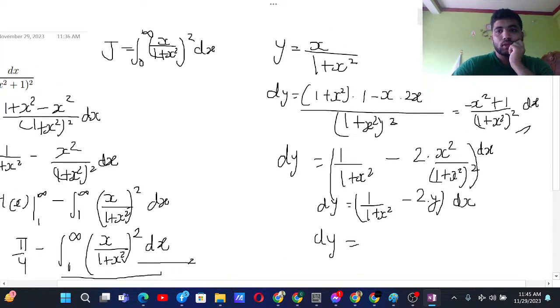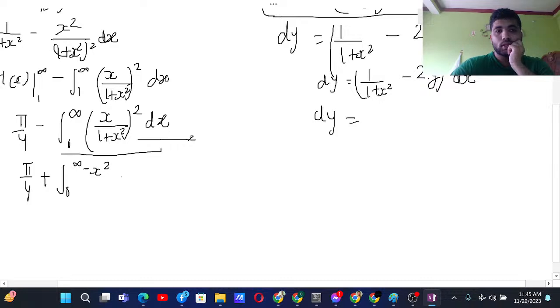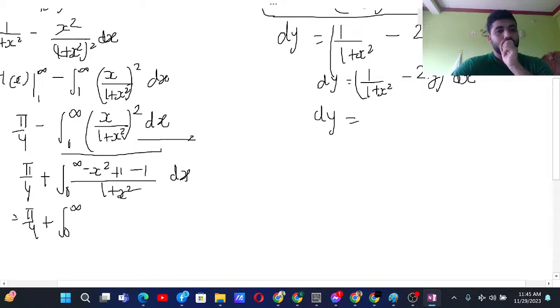Let's just see this for some time, and we can get to that. Minus x² plus 1 minus 1 over (1 + x²) dx. Yeah? And that's pi by 4 plus the integral from 0 to infinity, and it's whole square actually.